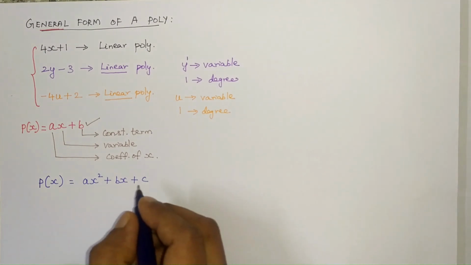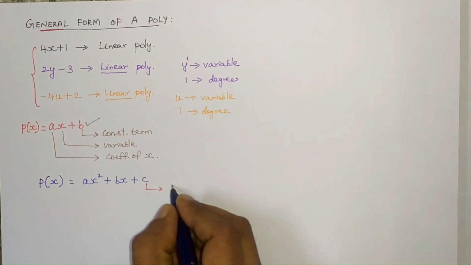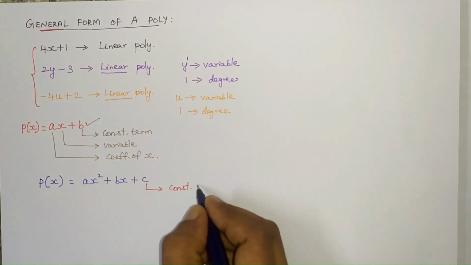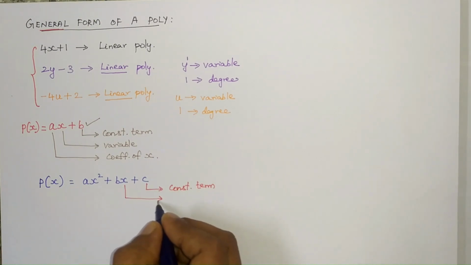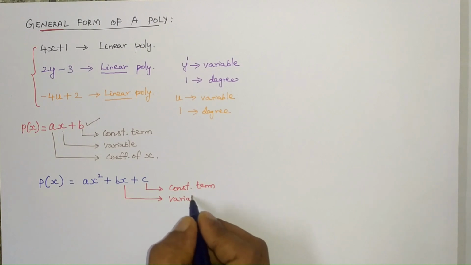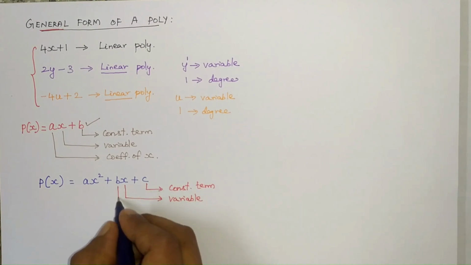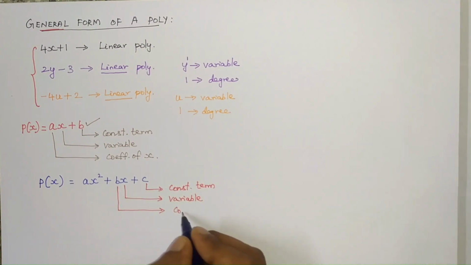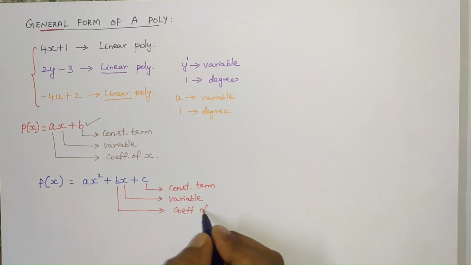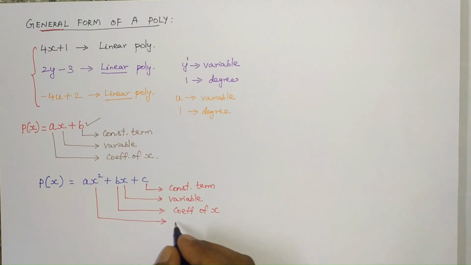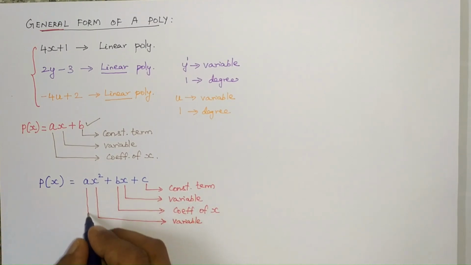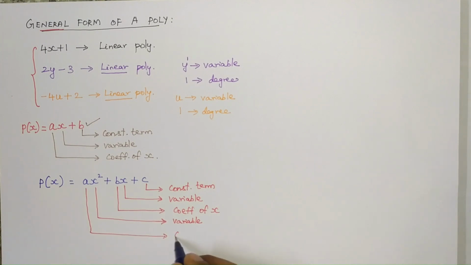Here c is the constant term, x is the variable, b is the coefficient of x, x square is also the same variable, and a is the coefficient of x square.